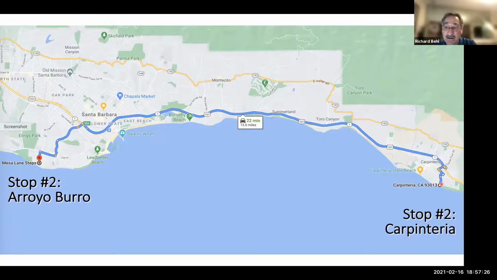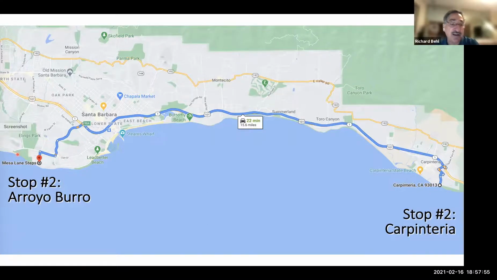So we get back in our cars and we drive another 22 minutes to the west through Santa Barbara, get off at Las Positas or one of the other streets here in Santa Barbara, come over the mesa, and we can either come to Mesa Lane, to the steps, or come on over here a little farther west to Hendry's Beach or Arroyo Burro Beach.